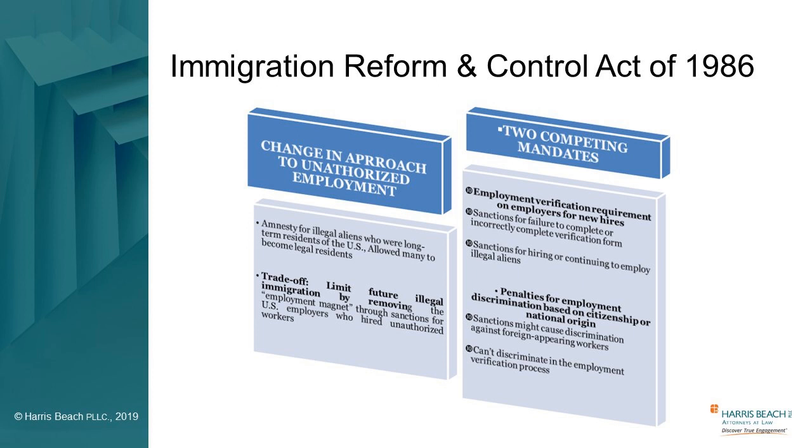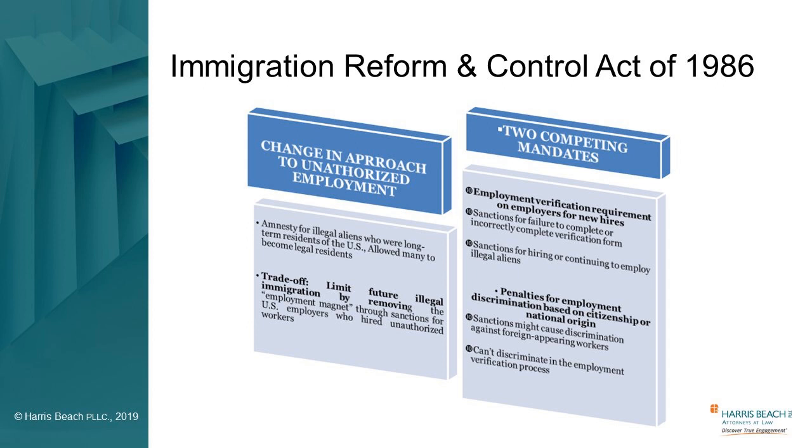So backing up a little bit, the I-9 came into existence under the Immigration Reform and Control Act in 1986. And it basically gave two competing mandates. So in exchange for a widespread amnesty program, the government wanted us to be able to limit future illegal immigration. So they implemented the I-9 requirement.